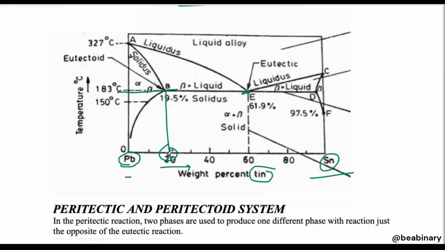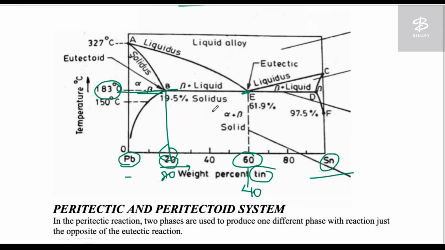Tin is 20% and 80% is your Pb. For this composition, at a temperature of 183 degrees C, you reach your eutectoid point. For the eutectic point, you have tin at 60% and the rest, 40%, is your Pb.